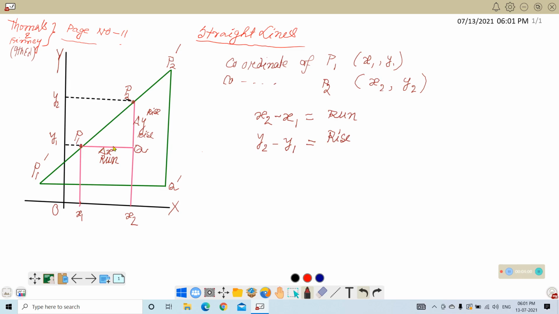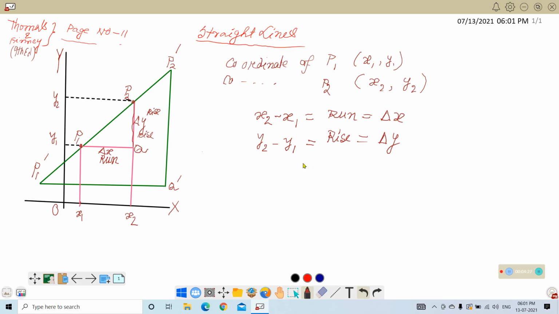So this is run and this is rise. Run is equal to delta x, change in x, and rise is equal to delta y, change in y. Delta x means x2 minus x1 and delta y means y2 minus y1.